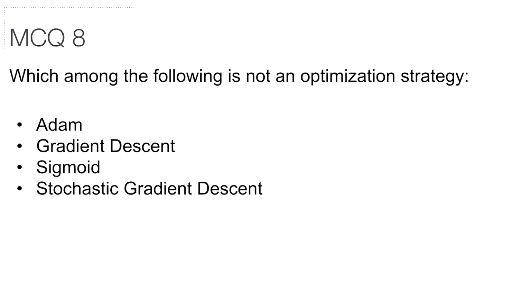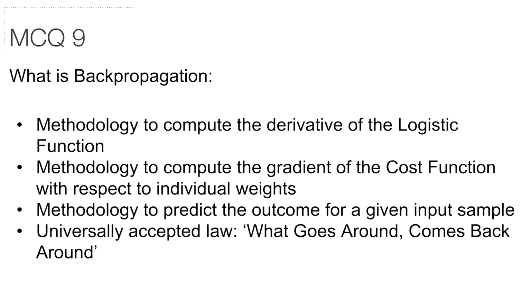What's an optimization strategy? It's an ability to go back and scale your weights. That's called optimization, right? So sigmoids are not optimization strategies. They are activation functions. The fact that you're going back and scaling weights, you're backpropagating, right? That's called backpropagation.